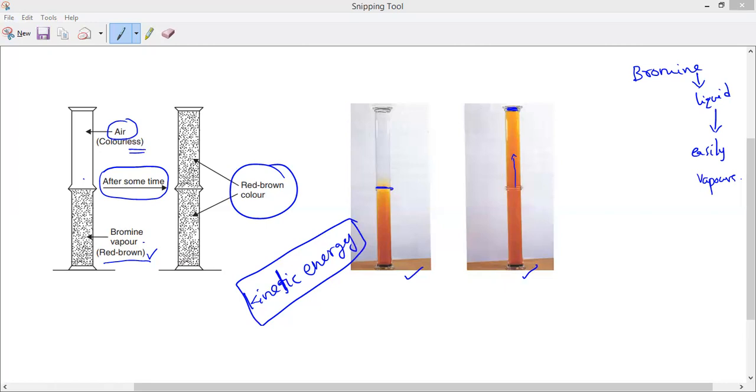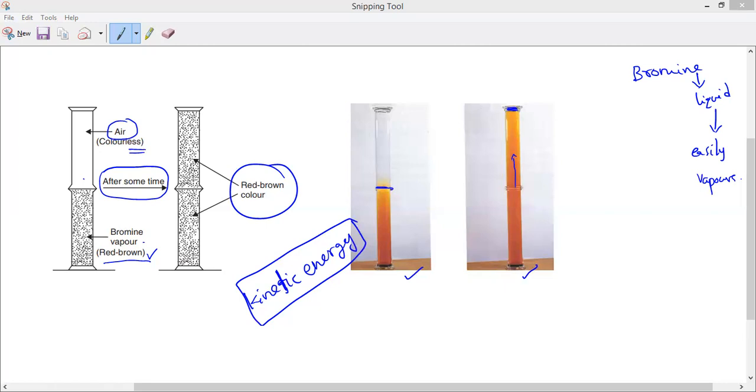So diffusion is a property of matter which is based on what, guys? How is the diffusion taking place? Hari? Sir, motion of particles. Yes, motion of particles, or we can say movement of its particles. Please, all of you write it.